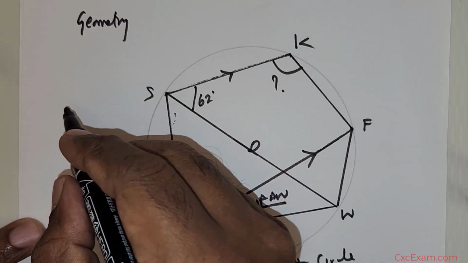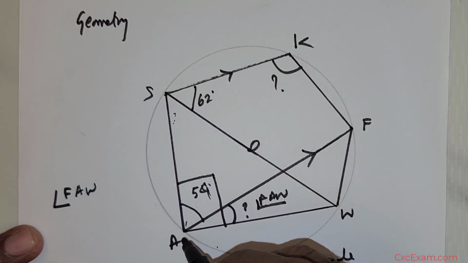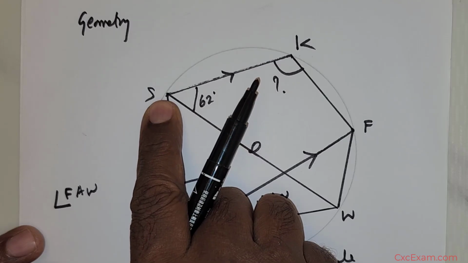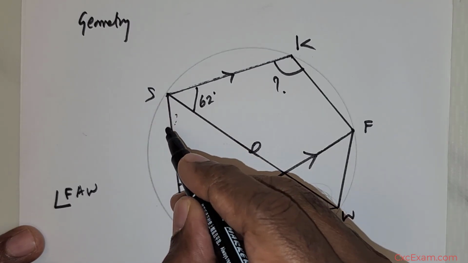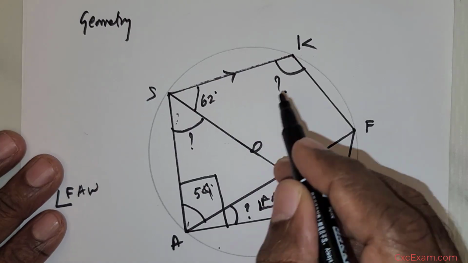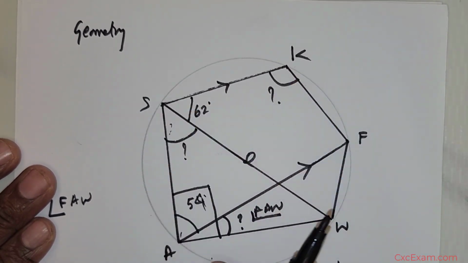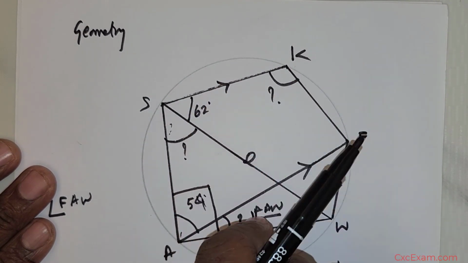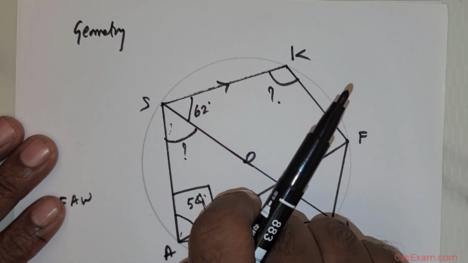Now this is the final part. They are asking us to find angle ASW. So we need this angle. Now clearly you see that SK and AF are parallel sides and are opposite to each other.